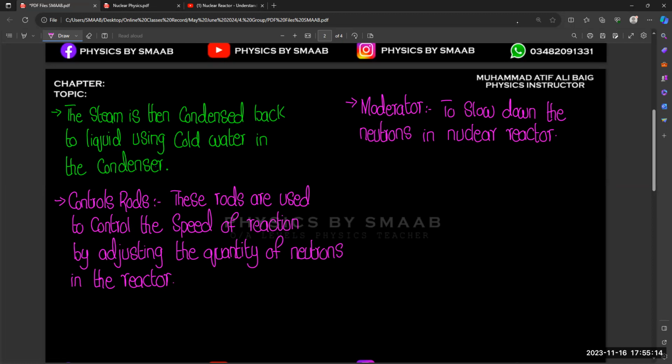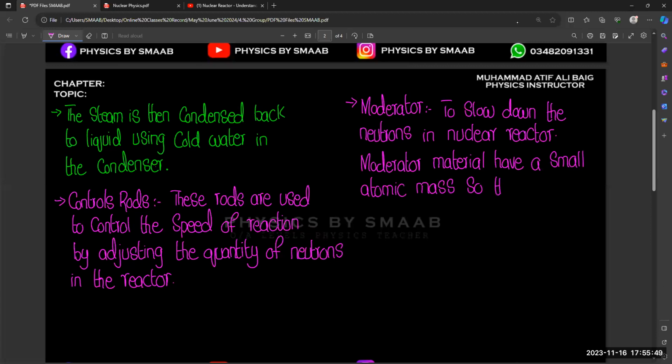So one more important thing: the material which we are using in the moderator has a small atomic mass, so that it does not absorb the neutrons.